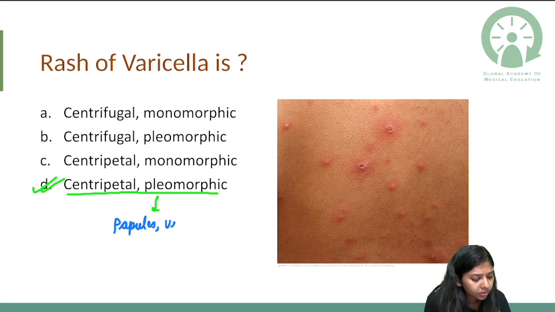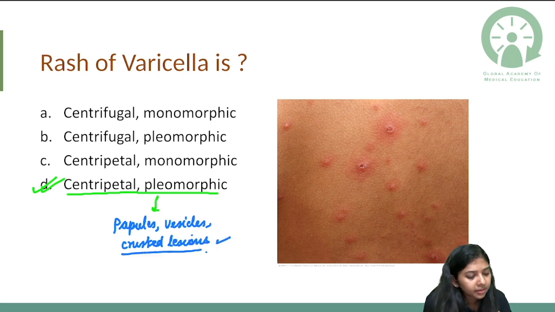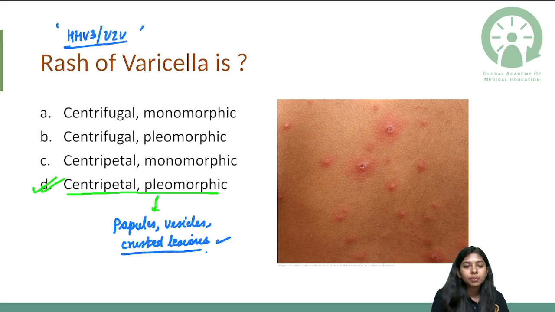You will get papules, vesicles, crusted lesions, right? It is caused by human herpes virus 3, varicella zoster virus. You have to advise isolation to the patient, right? And you get a rash which is centripetal and pleomorphic.